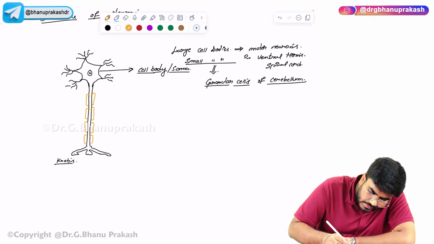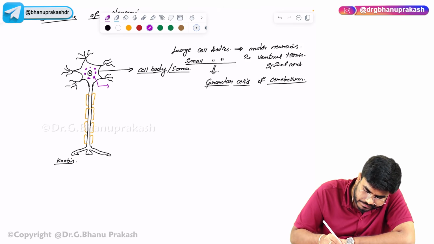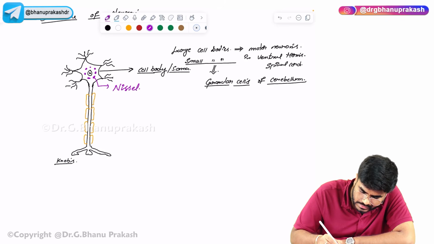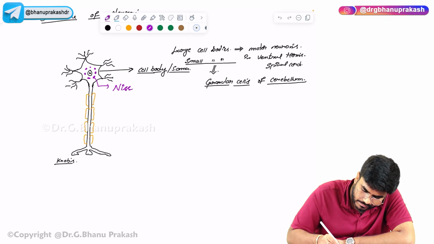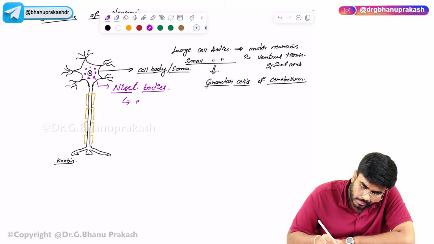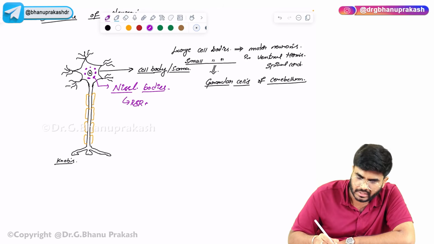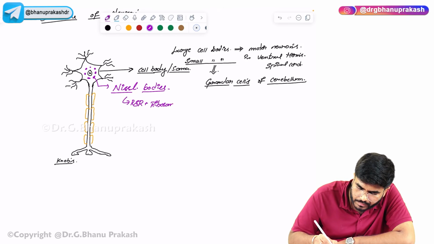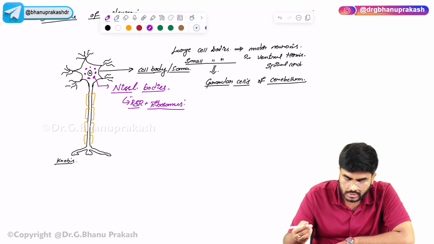If you look inside the cell body, there are these structures present, called Nissl bodies. These Nissl bodies are nothing but the rough endoplasmic reticulum, that is, the endoplasmic reticulum along with the ribosomes. Nissl bodies are present only in cell bodies, not in the axons.